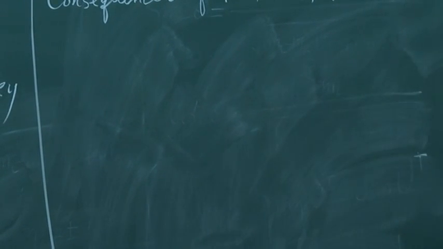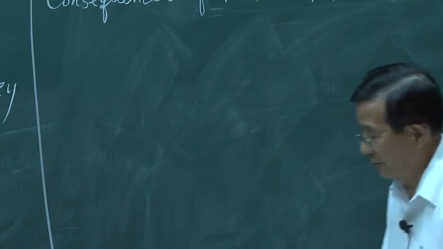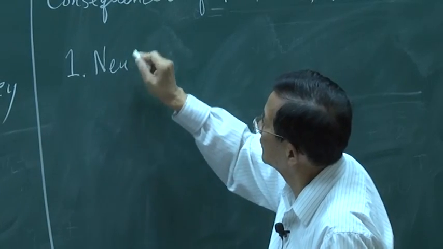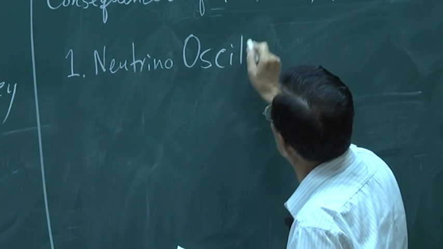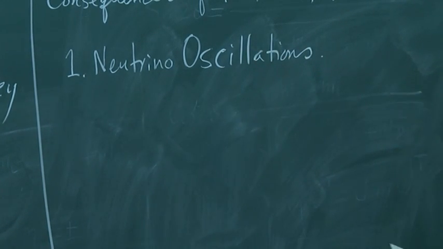So if you have a neutrino mass, then what? The first thing is neutrino oscillation. Okay?